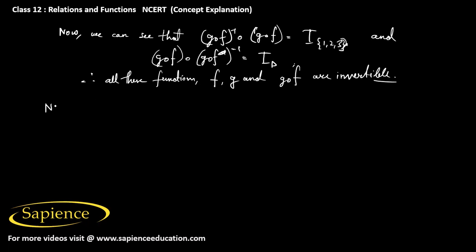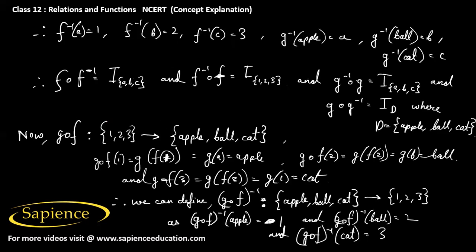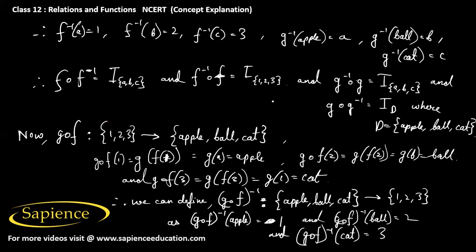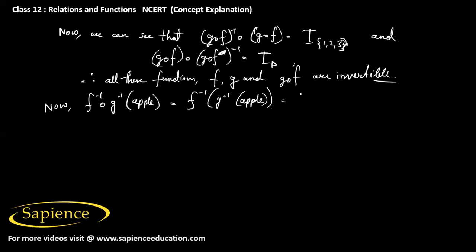So now, f inverse of g inverse of apple, suppose. g inverse of apple is a, so that will be f inverse of a.